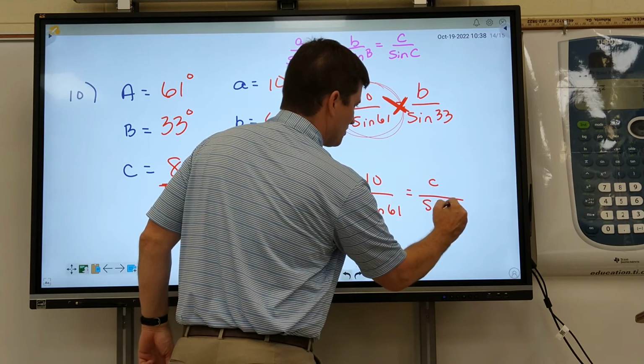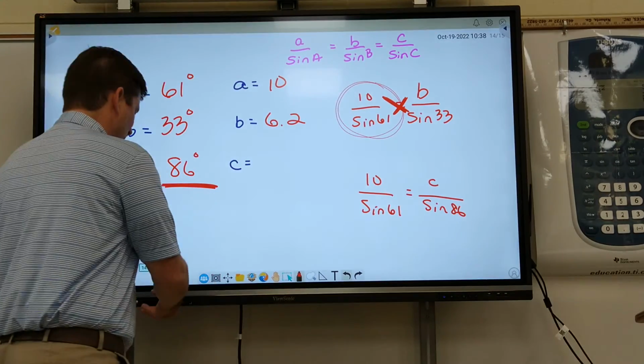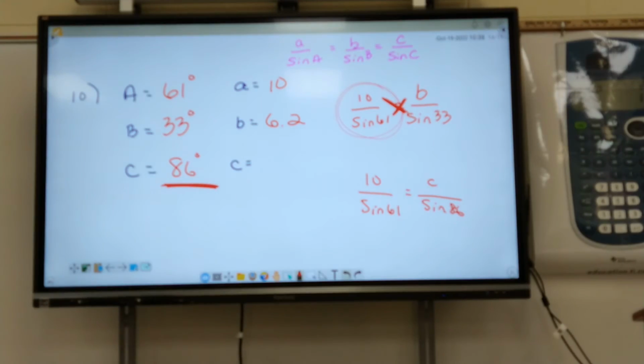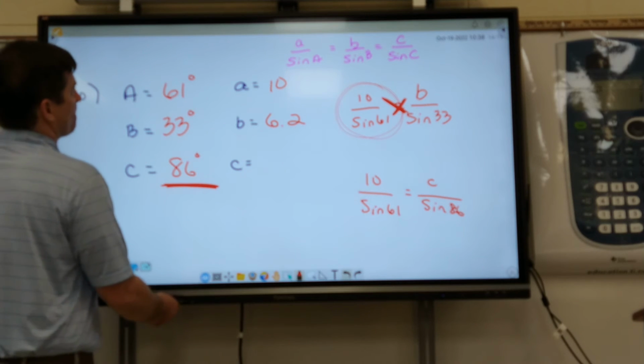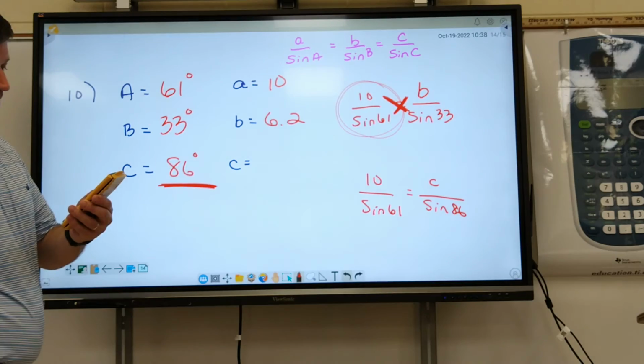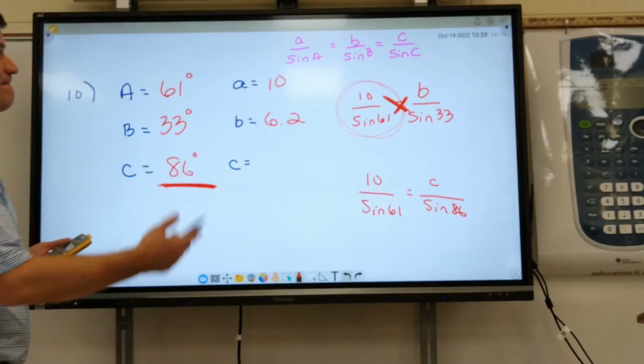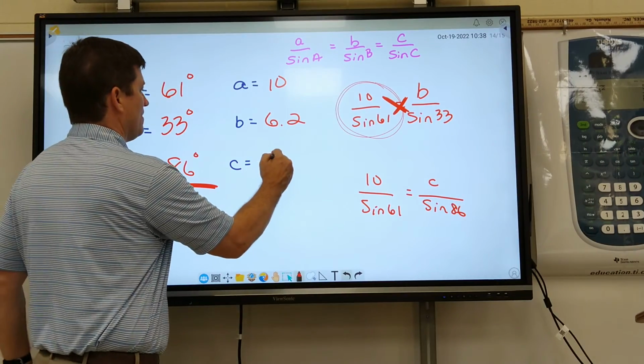Cross multiply and divide, Willie, and tell me what you get. Y'all don't shout it out. Let's see if Willie can do it. Sine of 86. Willie, you got an answer yet? 11.4. That's what I got.